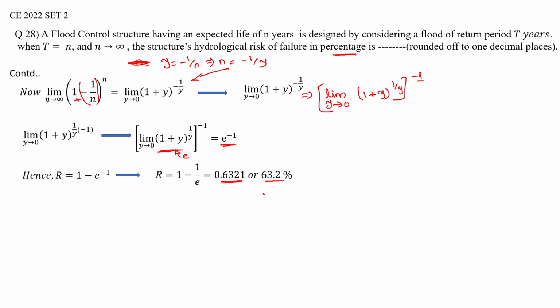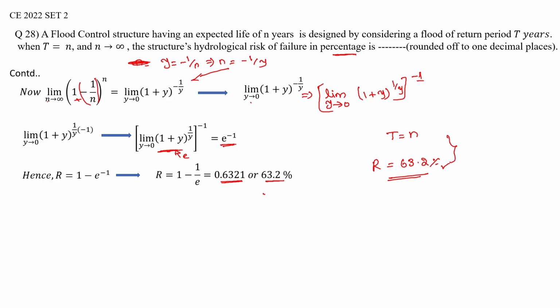Yes, sir. Okay, so this is a result you can always remember: when T equal to n, the risk will be equal to 63.2%. This is a standard result, because many times you may tend to forget this limit result, so maybe you can learn this by heart.